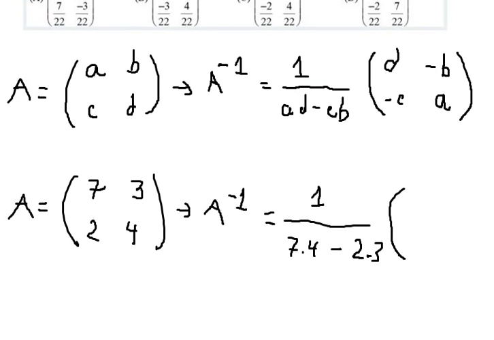and we have the matrix with D, that's 4, then A, that's 7, and 2 and 3 just have a negative sign.